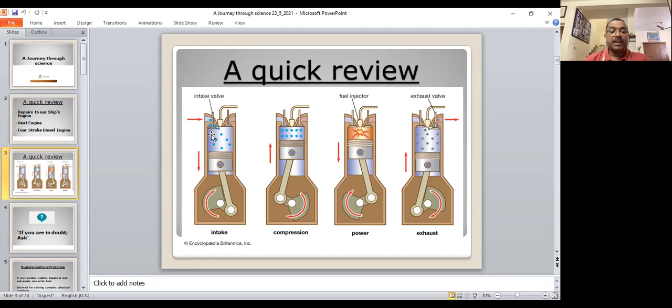The first figure is in that process. The piston has come down almost to its bottom dead center, so air with oxygen molecules automatically gets sucked into the cylinder. The first stroke is done: the piston is now at its bottom dead center. So 1 stroke is completed.